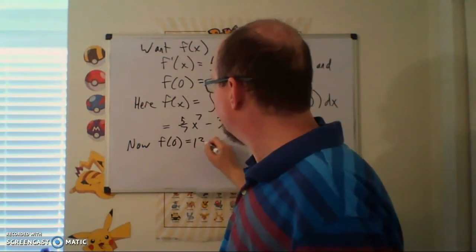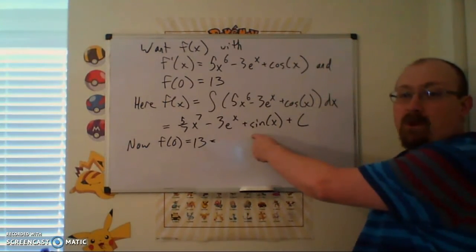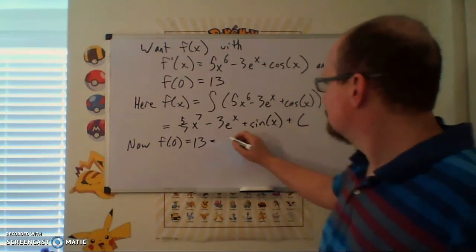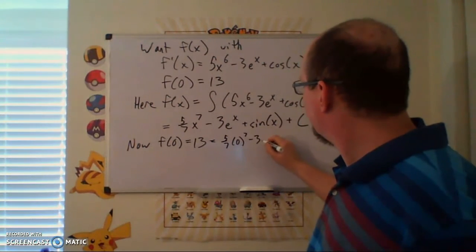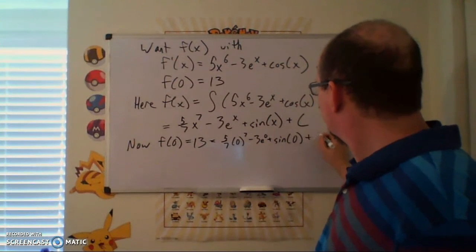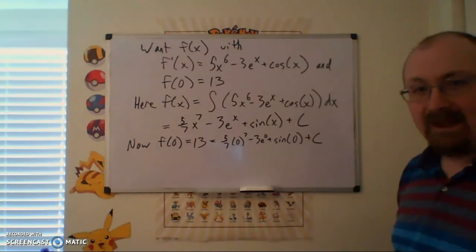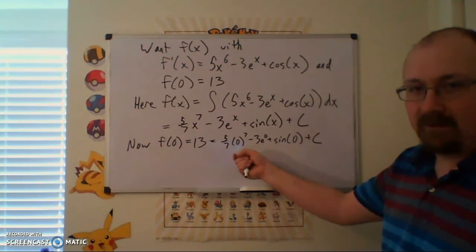Well, we know that when x is 0, we want a value of 13. I can plug x equals 0 into this monster. And you can work through the arithmetic here. 5/7 times nothing, it goes away.